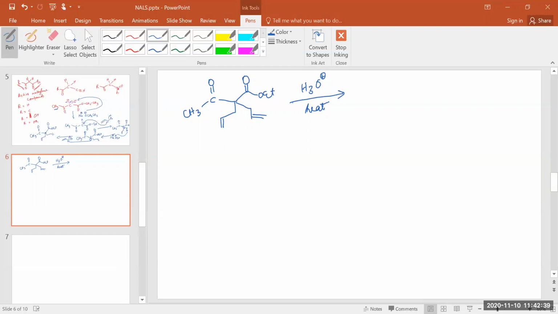Ester reacting with aqueous acid is a hydrolysis. The ester will be converted into an acid. This is the acid. Ester hydrolysis under acidic condition.